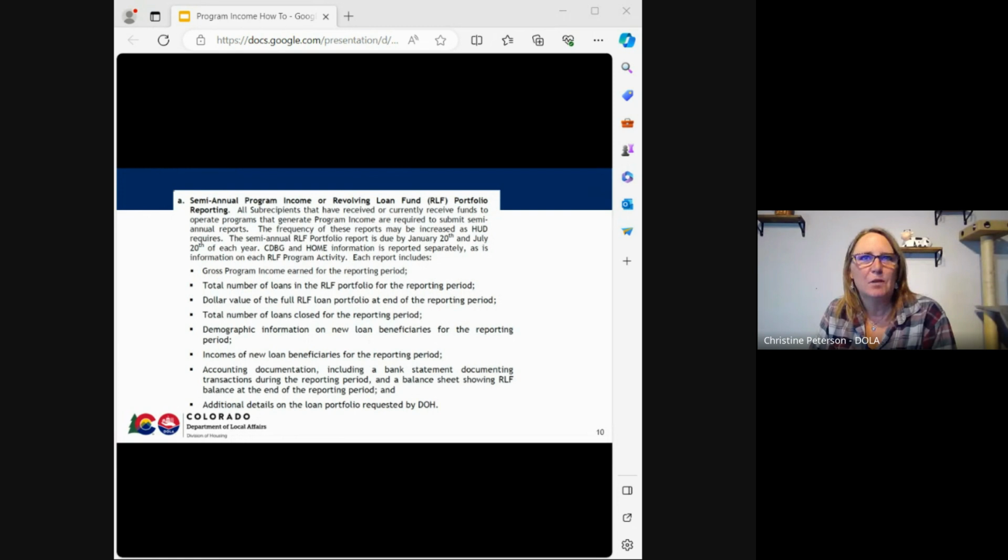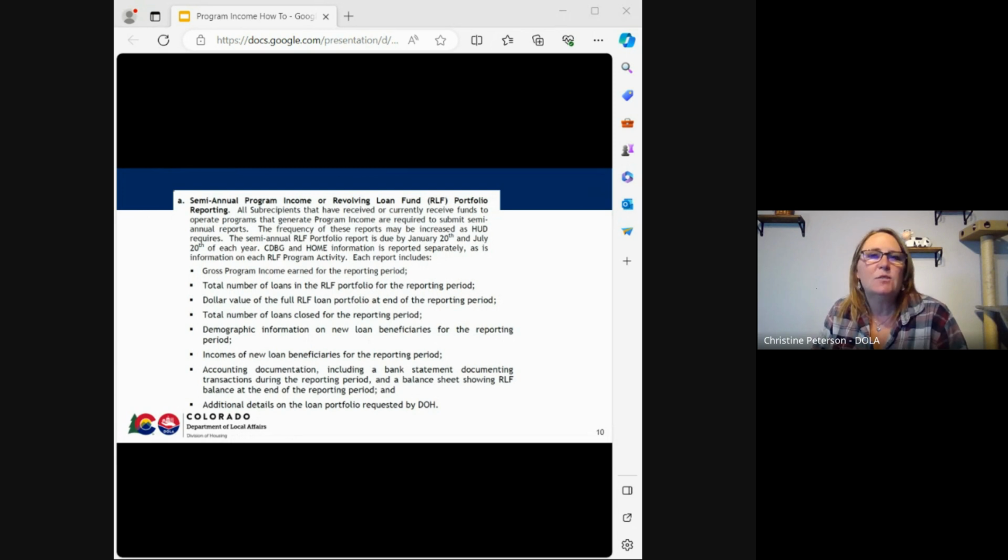Gross program income earned for the reporting period obviously goes on that report. Total number of loans during the reporting period, new loans, dollar amount of that loan portfolio, total number of loans closed, demographic information, which should be on the beneficiary report that we receive. Incomes of new loan beneficiaries, again, that would be on the beneficiary report.